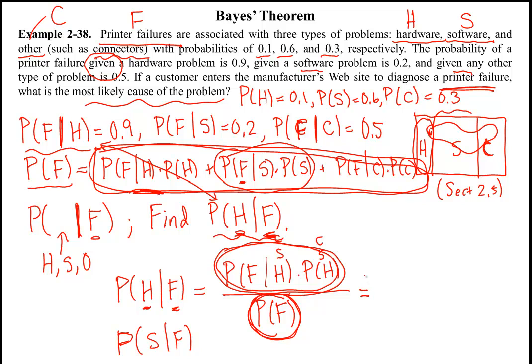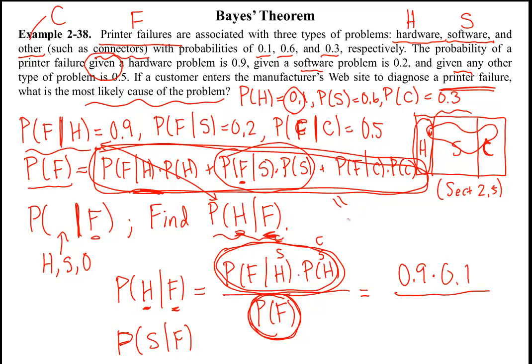So anyway, let's write out what we have. The probability of failure given hardware, that was up here, is 0.9, times the probability we were even sitting in the hardware rectangle, which is 0.1, divided by the total probability of failure, which we did not write out up here.